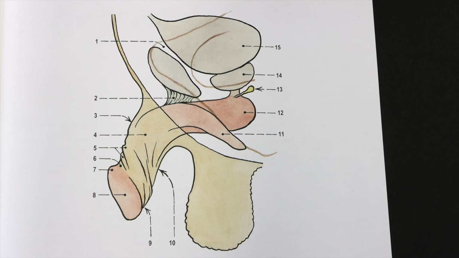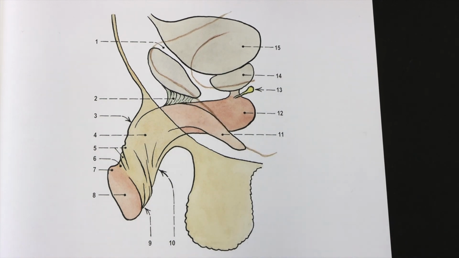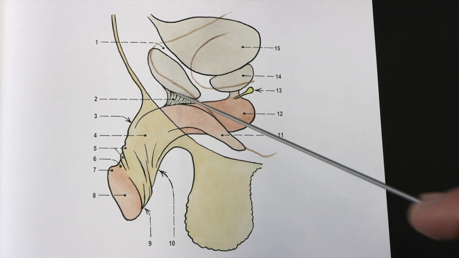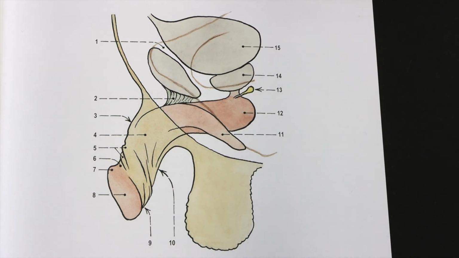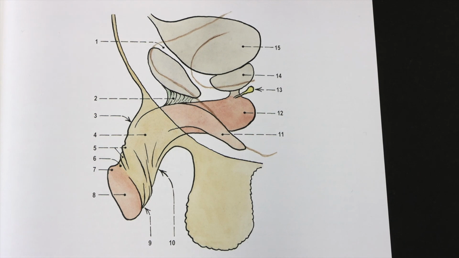The other ligament for the fixation of the penis is the suspensory ligament of the penis. It's the deep part, attaching the anterior surface of the symphysis pubis to the deep fascia of the penis.